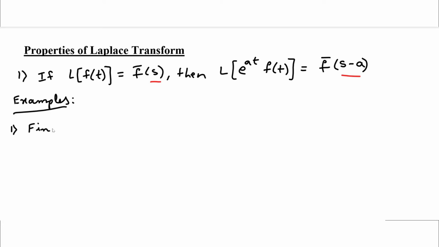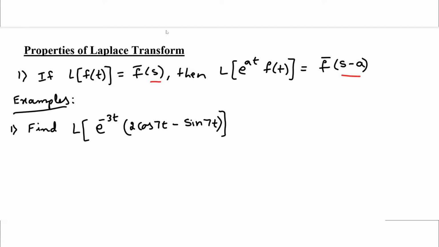Let us find the Laplace transform of, the first question, e power of minus 3t into 2 times cos of 7t minus sine of 7t.